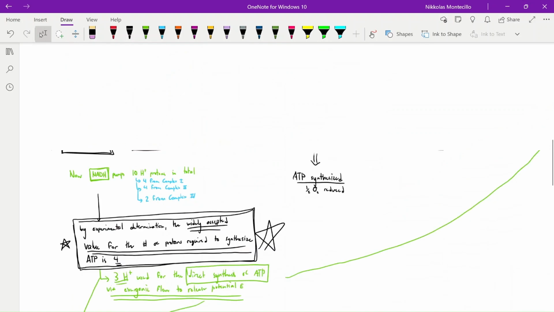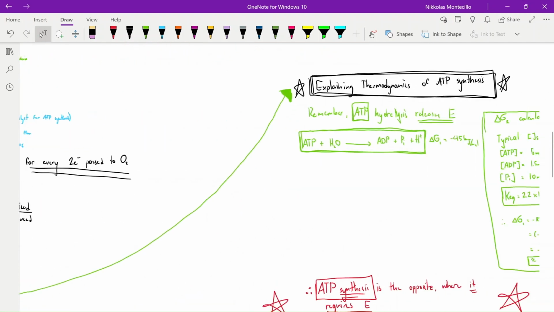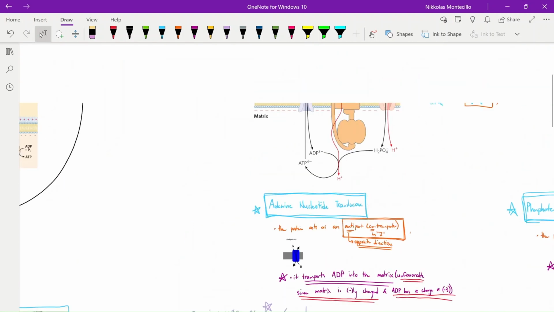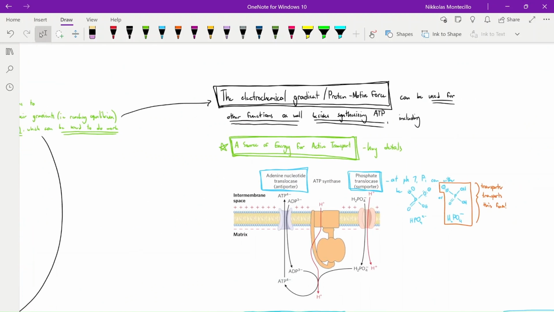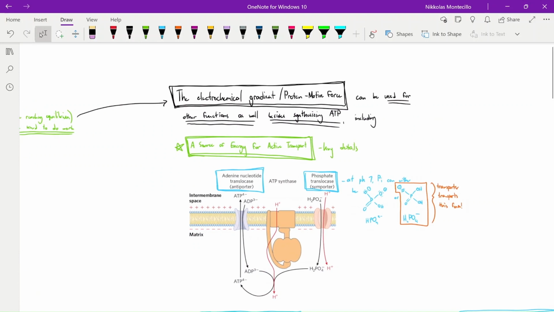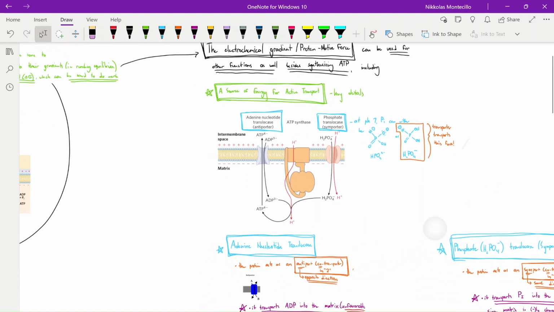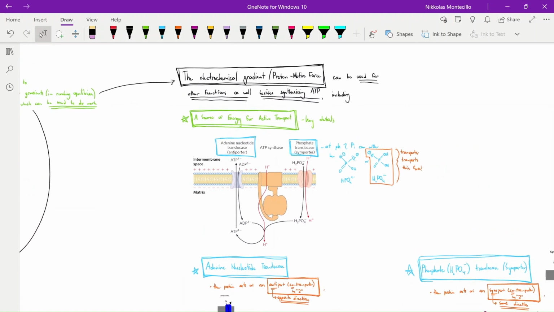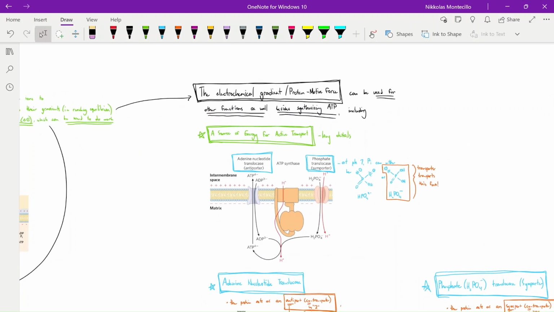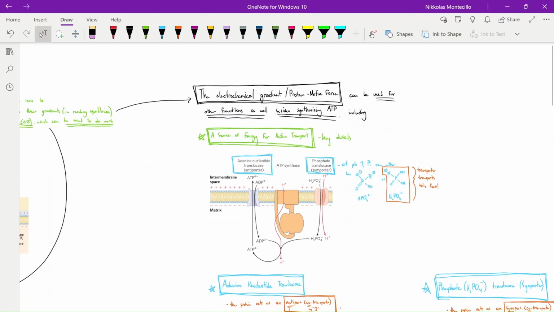So let me explain this. The electrochemical gradient or proton motive force can actually be used for other functions as well, besides synthesizing ATP, including facilitating the transport of other molecules aside from the flow of hydrogen protons.